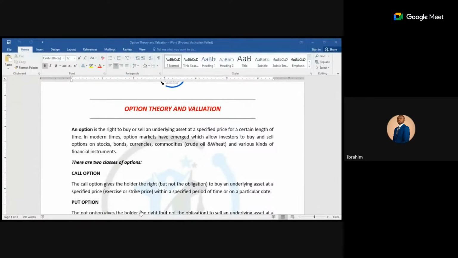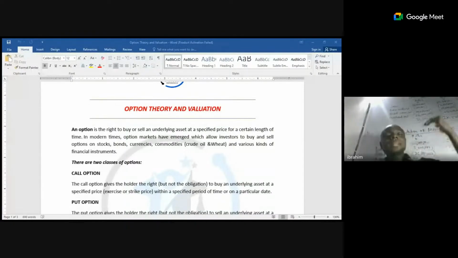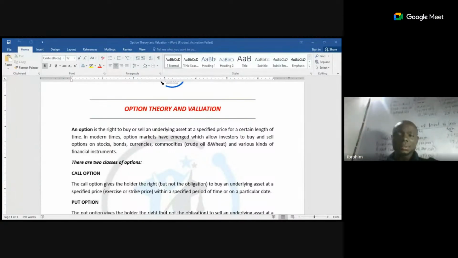Class, you have the right to buy or sell an underlying asset, but not an obligation. You can decide to buy, you can decide to sell an underlying asset at a specific price and at a particular period of time.